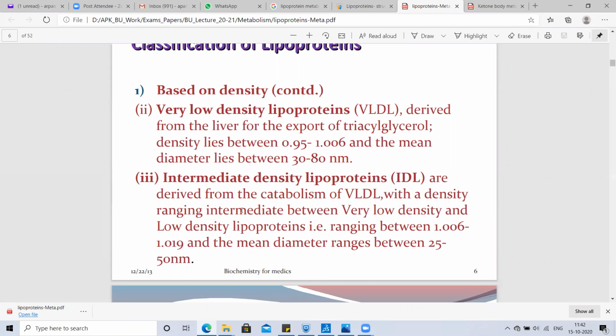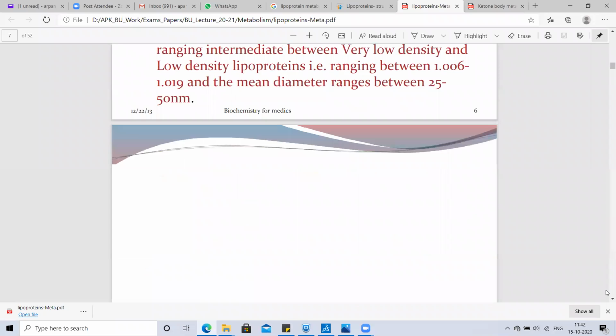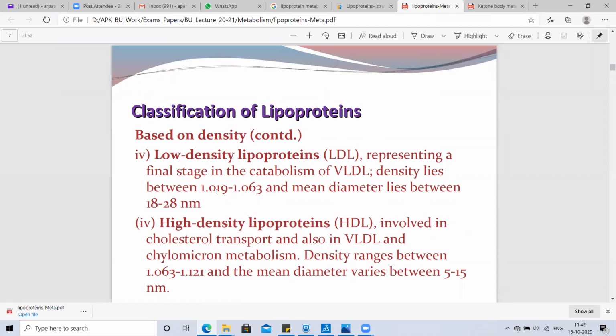For remembering these values, you should just take the upper limit. Like chylomicrons have density starting from 0.95. VLDL have density between 0.95 to 1.006, and intermediary lies somewhere between VLDL and LDL, and LDL have density like 1.019 to 1.063, and their mean diameter lies between 18 to 29 nanometer.